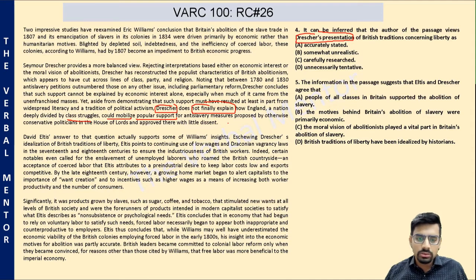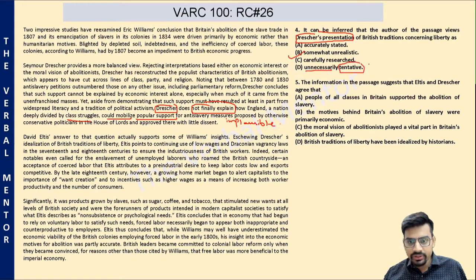It is implausible, unreasonable, because England was divided across class lines. So it was unlikely that it could gather popular support. Everybody supported, every class supported anti-slavery measures. So according to the author, Drescher's analysis is somewhat implausible, unreasonable, unrealistic. Option B is the best available choice.